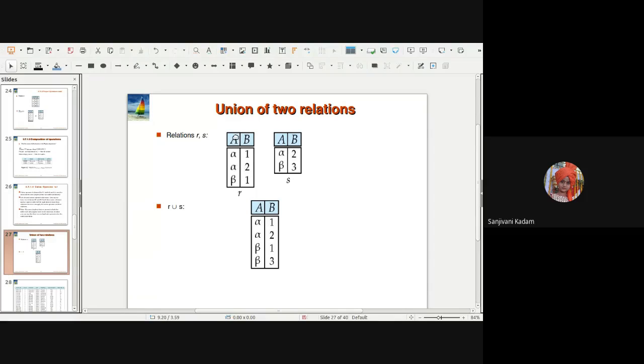It should not happen that here I have a Greek letter as my domain and here an integer. That is not allowed. Whenever we combine or perform the union, the first condition is that the two must have the same number of columns, and the second is that the respective domains should be the same.